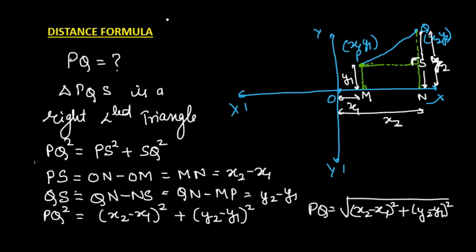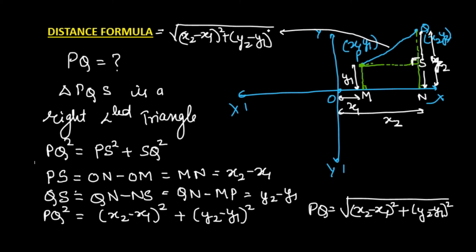Okay, so we have derived that if there are two points x1, y1 and x2, y2, then the distance between them is given by square root of x2 minus x1 whole square plus y2 minus y1 whole square.